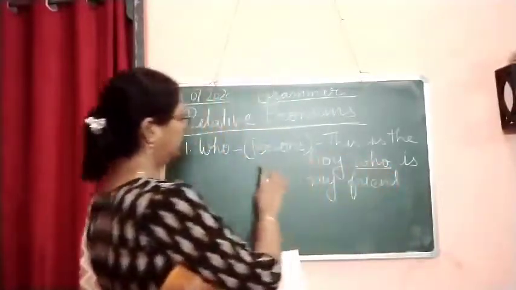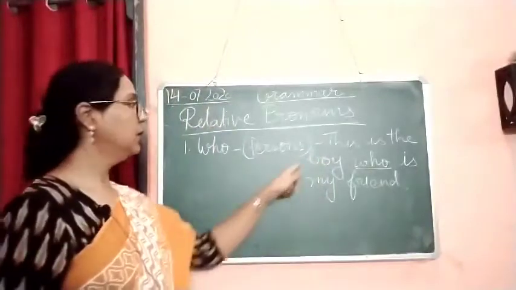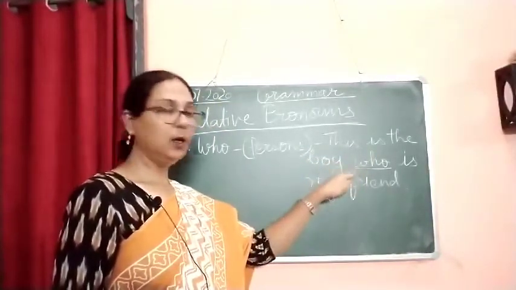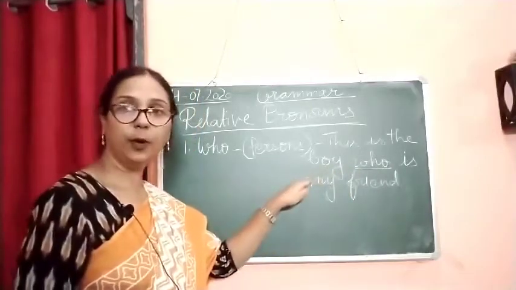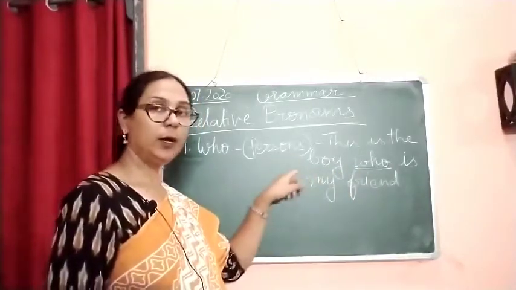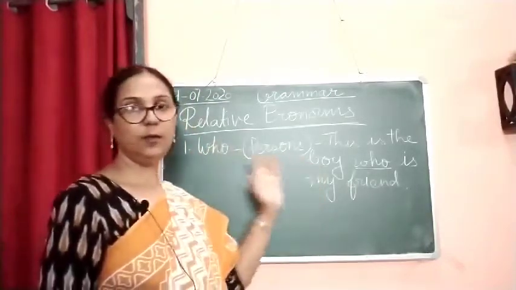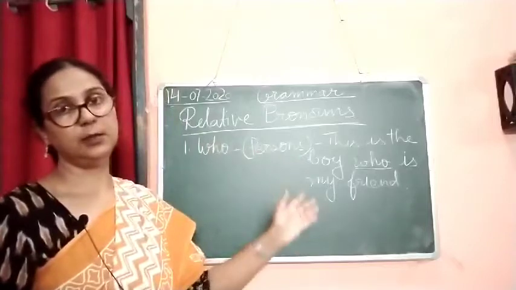So here it shows the person. This is the boy. Here we are showing the boy. So boy is a person. So here you can see who is used for persons.